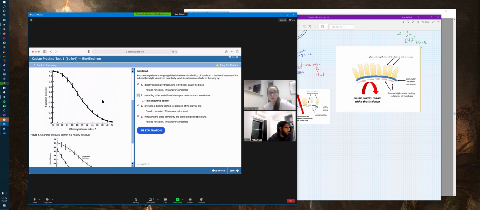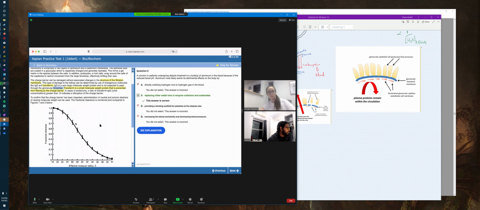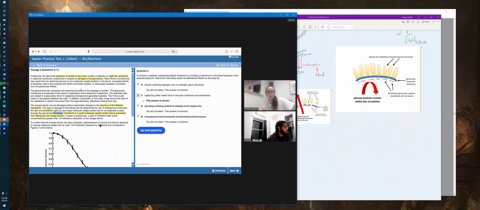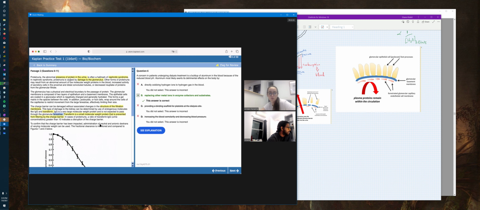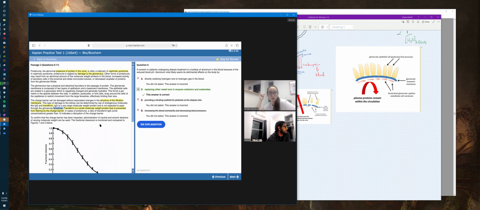So let's see if they say anything, but I'm pretty sure it just means it's going to go through. It's going to get through those barriers. Like what the dextrans, what's going to get through? Basically anything.